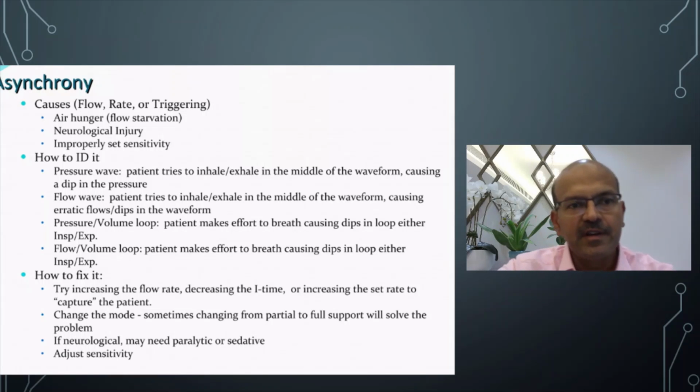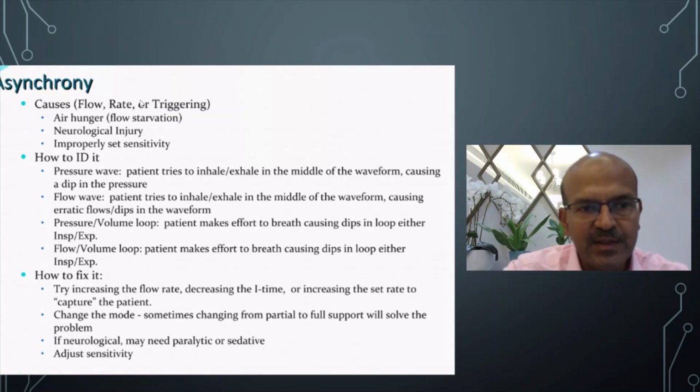In terms of asynchrony, we discussed already, it can happen due to air hunger if you are not giving adequate flow or pressure to the baby. If the baby is breathing against the ventilation, it may mean that you need to give a little more support to the baby. In neurological injury, of course, the baby may not trigger appropriately, and if your sensitivity is not set appropriately, if it's a very small baby, you need to keep a lower sensitivity.